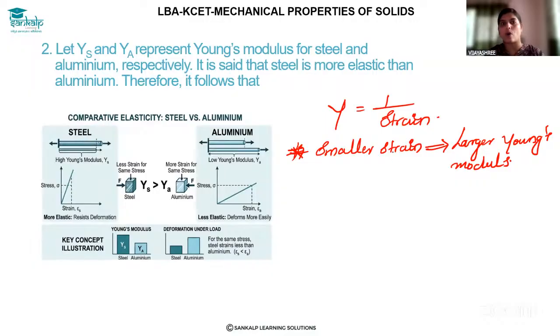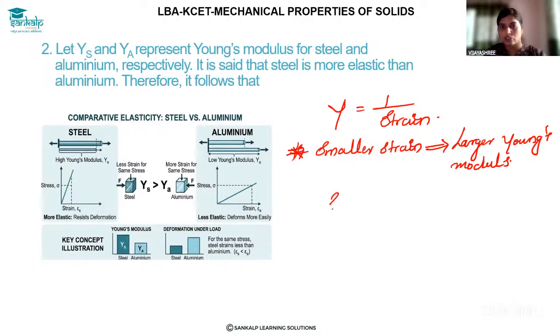So what are we given? Steel is more elastic than aluminium. That means steel stretches less. Steel undergoes less deformation under the application of stress, and aluminium undergoes more deformation under the same stress.